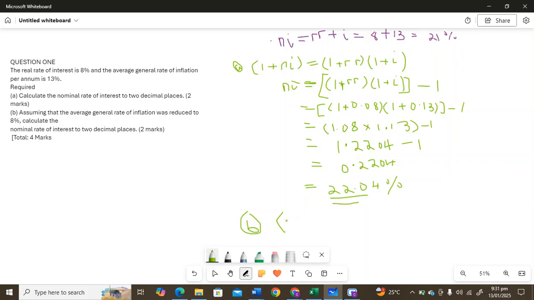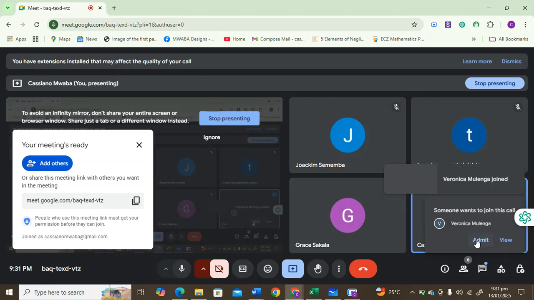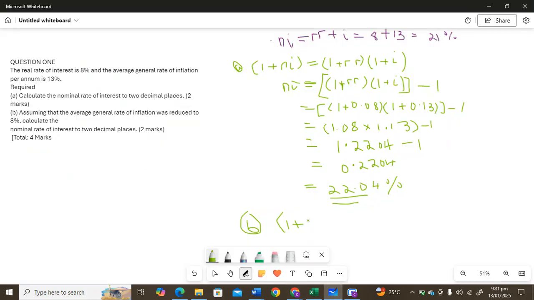So we use the same formula: 1 plus the nominal interest rate equals 1 plus the real interest rate, in brackets 1 plus the inflation rate. This one we take to this side, so put minus 1 here. This is the formula to find the nominal interest rate.